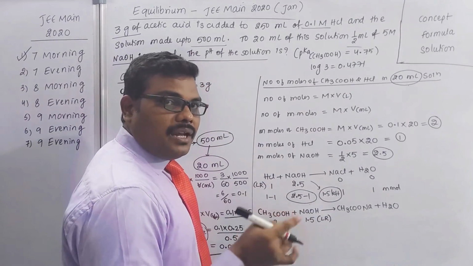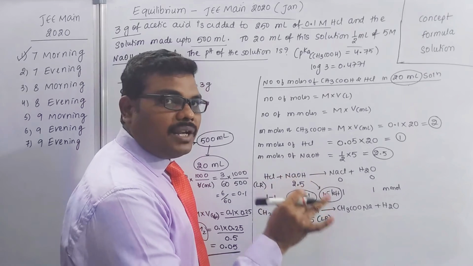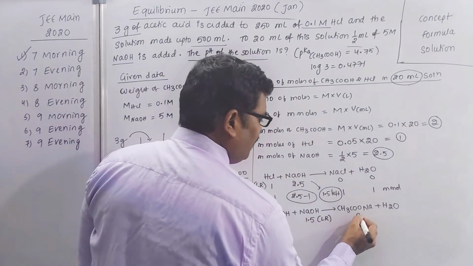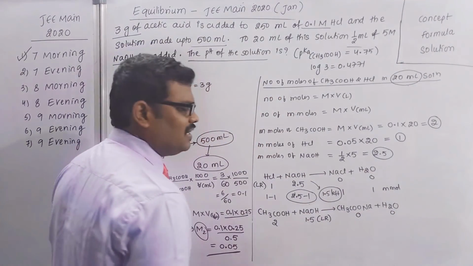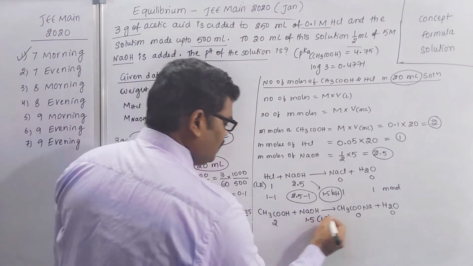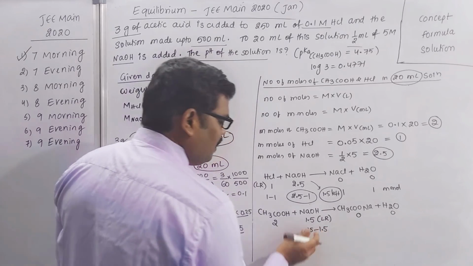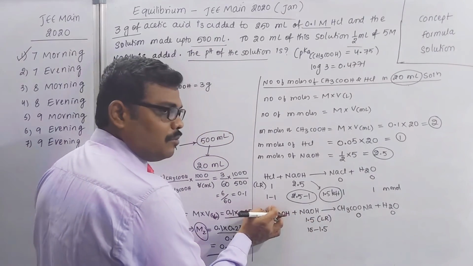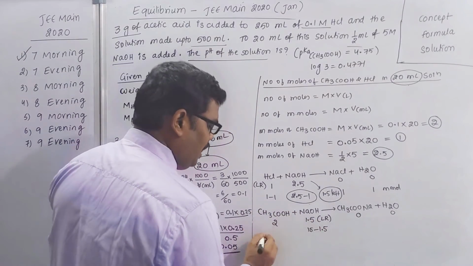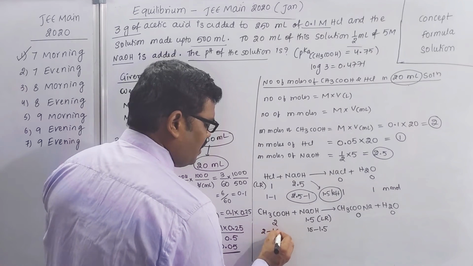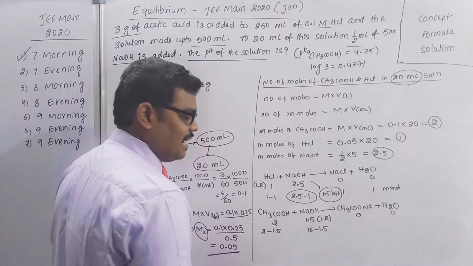You know, the limiting reagent is consumed completely. Now initially millimoles of sodium acetate and water are 0. Now this is consumed completely, 1.5 minus 1.5. 1 mole of NaOH requires 1 mole of acetic acid. So 1.5 millimoles of NaOH requires 1.5 millimoles of acetic acid.